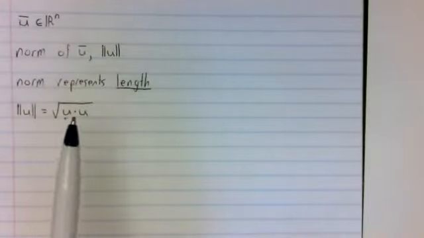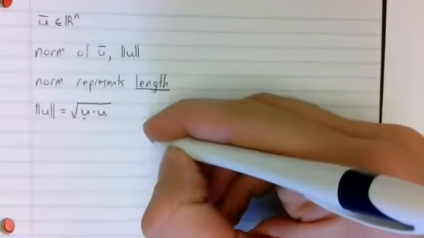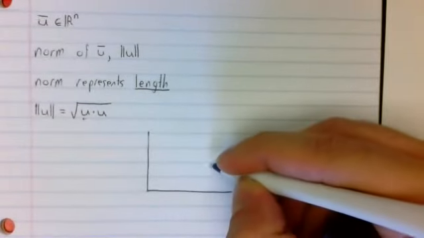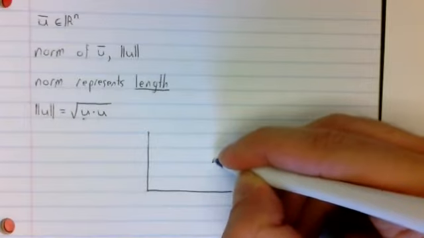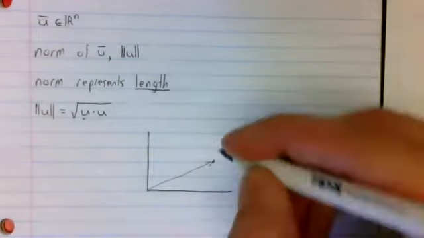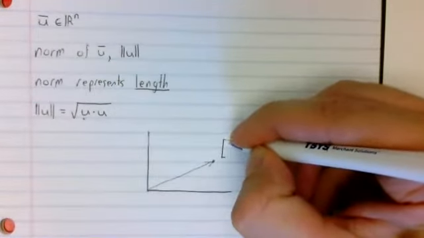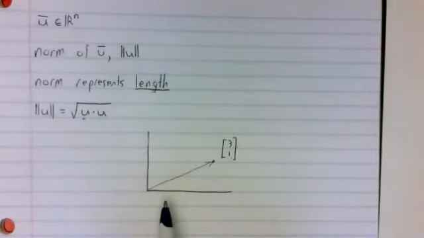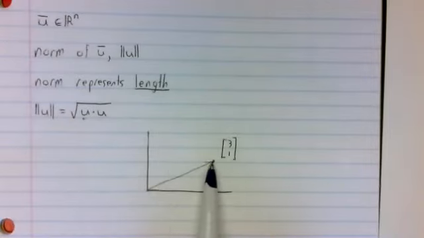We've said that norms represent lengths. Let's demonstrate this in R2. So let's say we have the vector (3, 1). And we're visually representing that as an arrow connecting the origin to the point (3, 1).